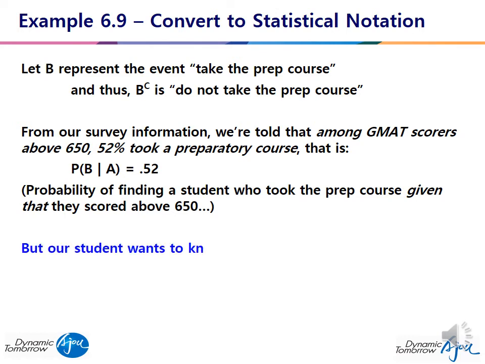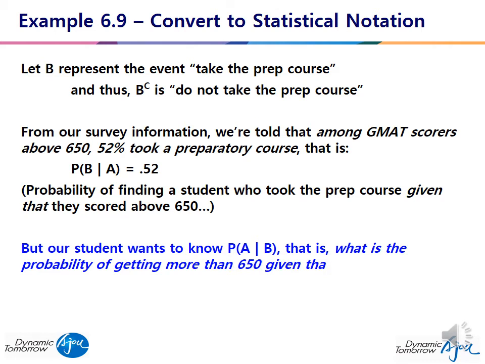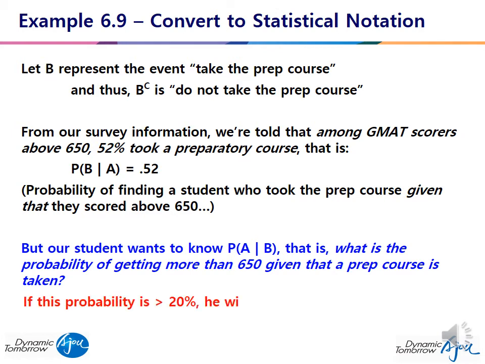But our student wants to know probability A given B, that is, what is the probability of getting more than 650 given that the prep course is taken. If this probability is 0.2, he will spend $500 on the prep course.